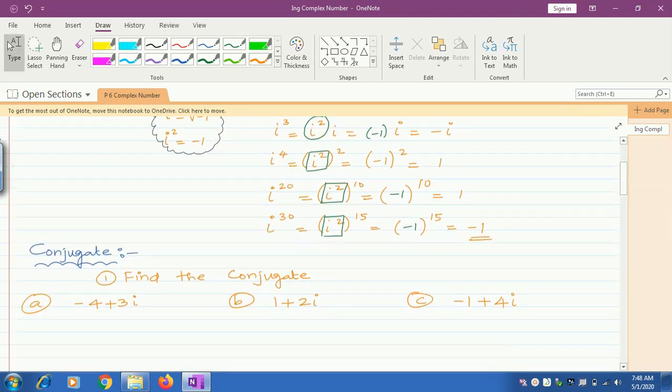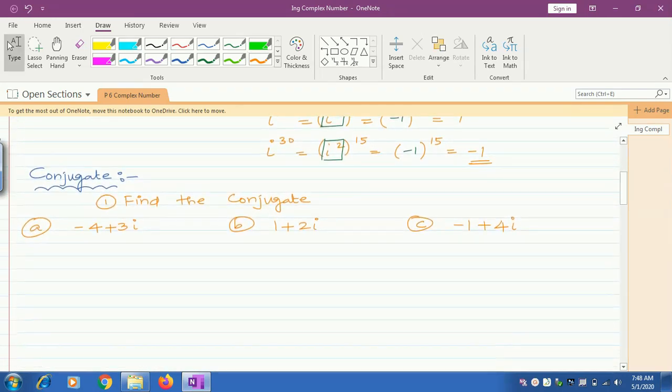The conjugate is nothing but just changing the sign of the imaginary term.